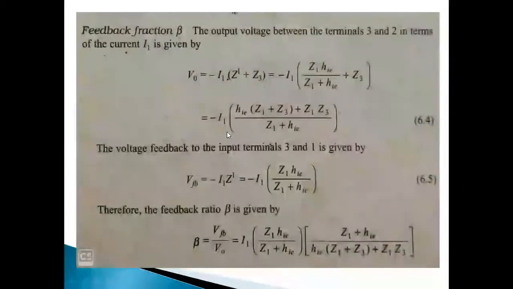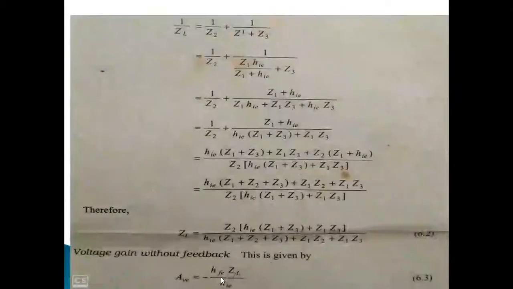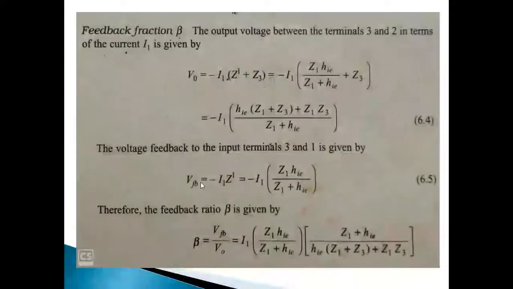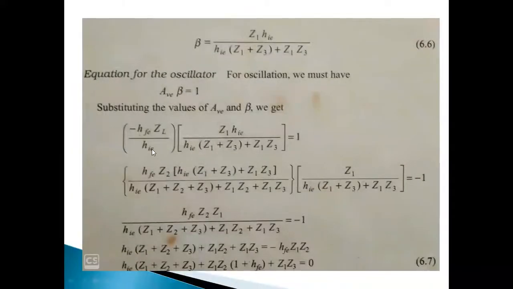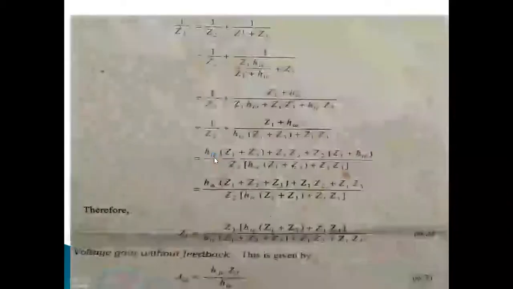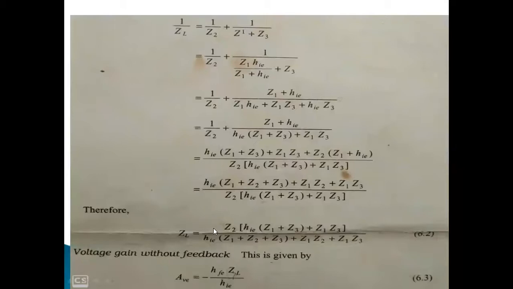What is A? A is minus HFE ZL by HIE. So minus HFE ZL by HIE into beta is equal to 1. We know the ZL value also. This is ZL. Substitute this value.